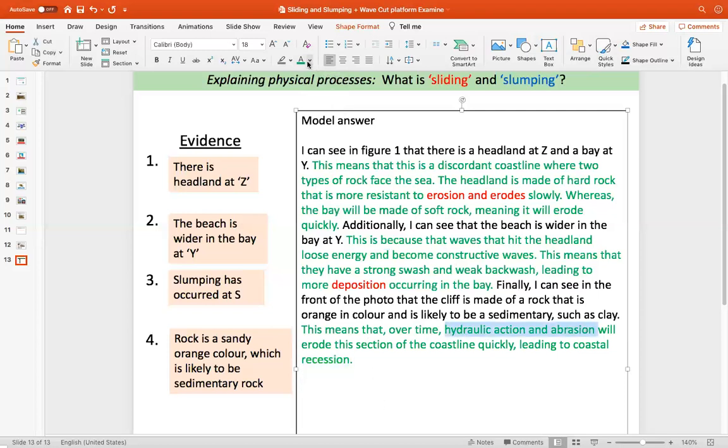Some more physical processes. Right, final bit of evidence is number 3, slumping has occurred at S. So we actually want to include a little bit of this explanation, join it together.